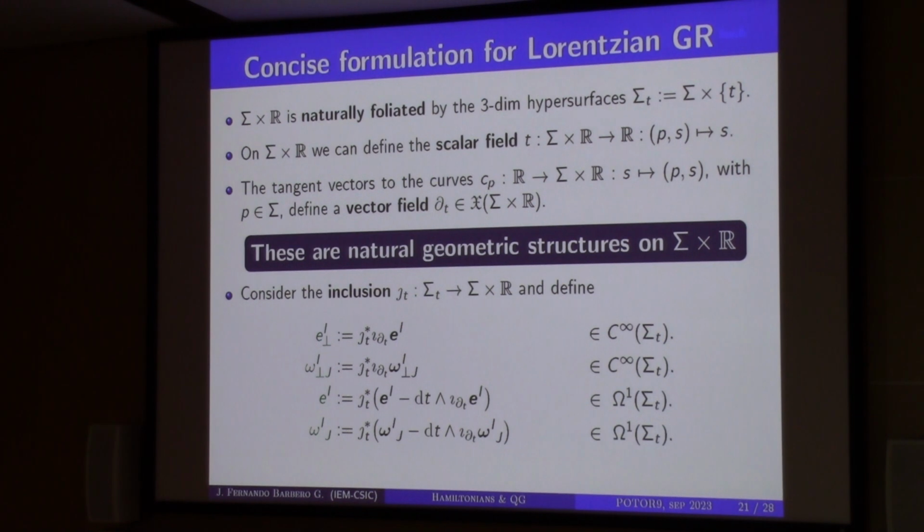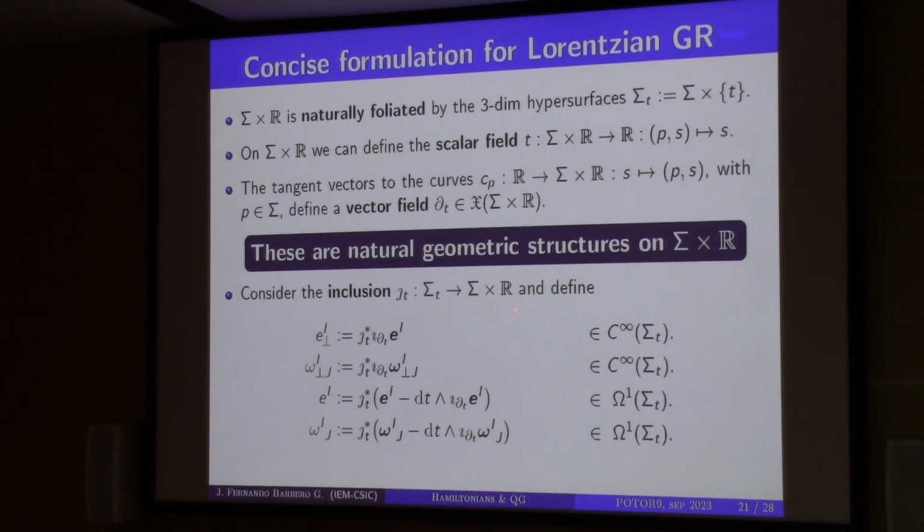And also there are some natural curves that I have in here, which are those for which the base point is just the same. So I have a family of curves, which are parameterized by this function. I can, of course, compute the tangent vector, and that defines a canonical vector field, which is associated with this time variable, which I call partial t. So these are canonical natural structures that I have in my space.